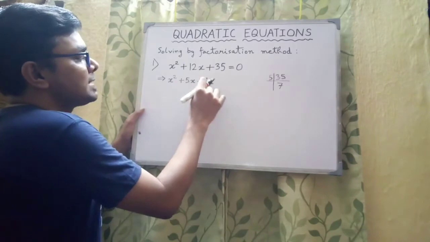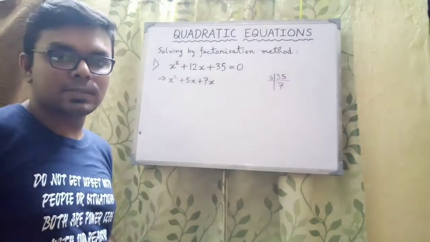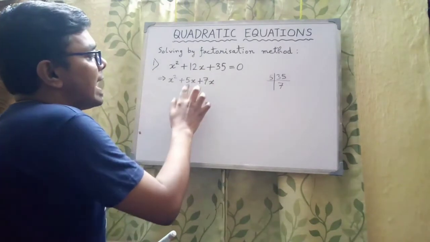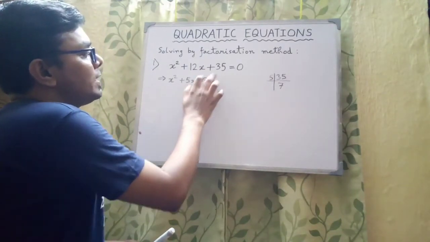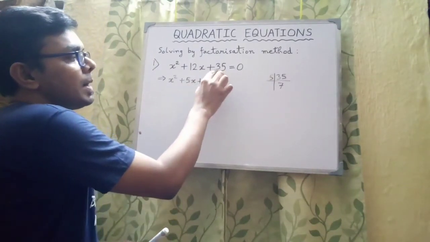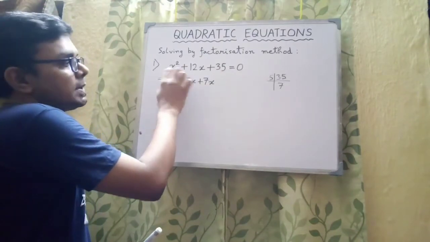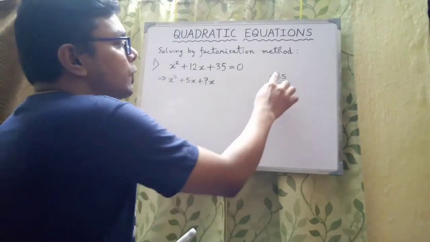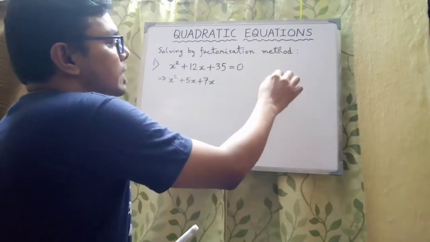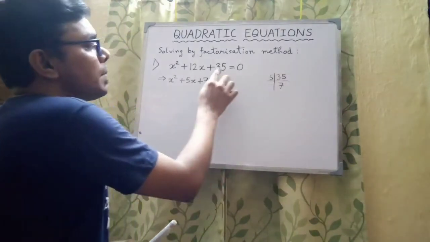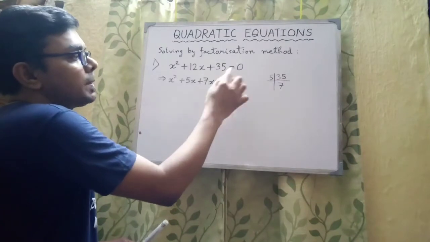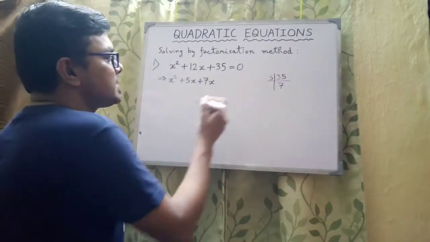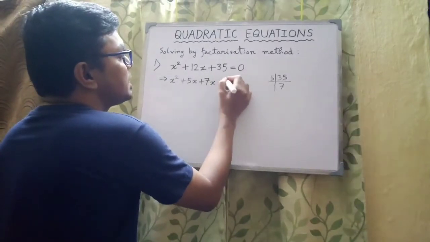Now 5x plus 7x is equal to 12x, and 5 into 7 is 35, which we have got again by multiplying 35 with 1. That is, 35 into 1 is 35, 5 into 7 is also 35. So first we have to factorize this number 35, which we obtained by multiplying c and a. So now we have easily broken this, and the remaining term remains the same.